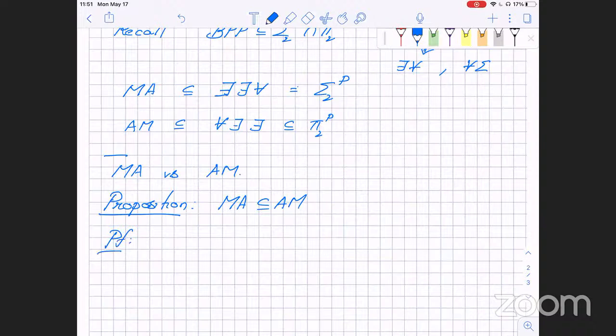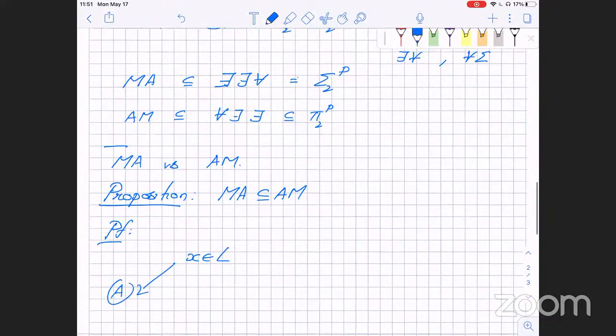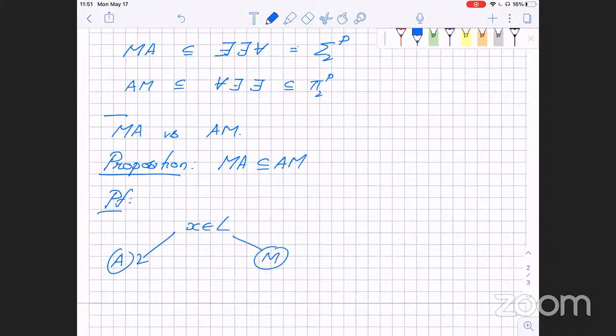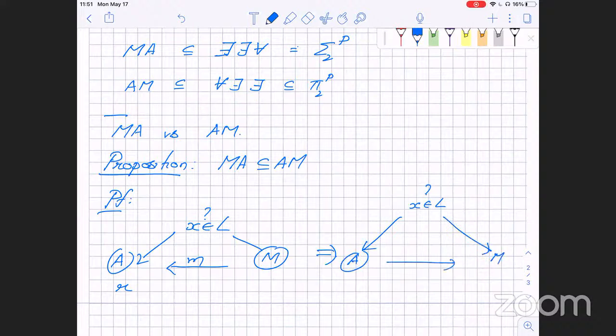You give me a protocol like this, Arthur-Merlin, in which M and then randomness. I can convert such a protocol for X belongs to L into an Arthur-Merlin protocol in which this guy possibly sends an R prime and then an M prime. So A of X, M, R will be A prime of X, R prime, M prime.